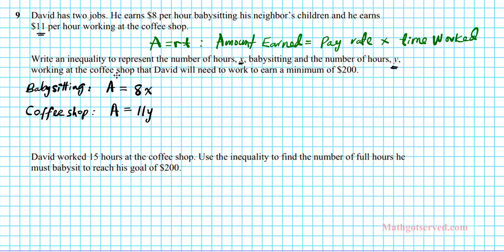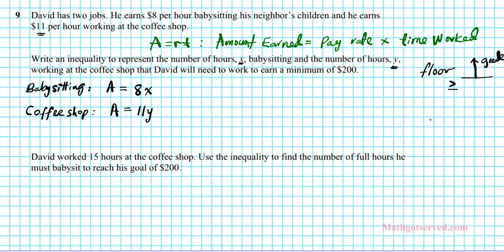Now the question says that we should write an inequality that represents the total amount he earns. He wants to earn a minimum of $200. If you think about minimum, think about floor. What does the word floor call to your mind? Floor means you can't go lower, right? You can only be there or higher. So think about higher as greater. Anytime you think about minimum, we're looking at greater than or equal to.